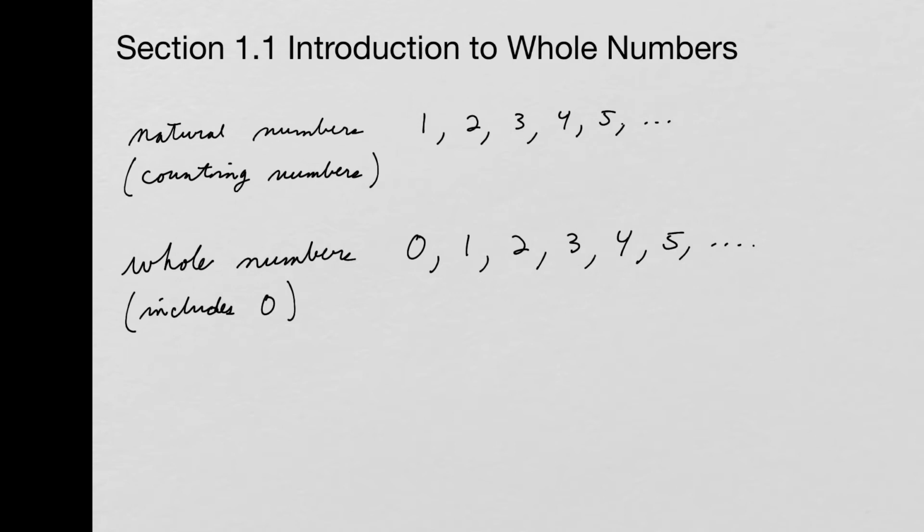So in this section, in fact this entire chapter, we're going to work with the whole numbers. We'll talk about adding and subtracting whole numbers, multiplying and dividing them. So let me start by looking at our base 10 system, which involves whole numbers.